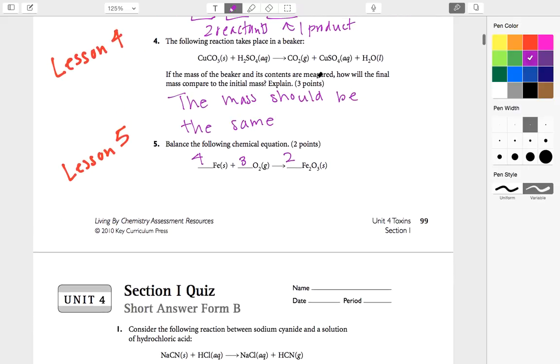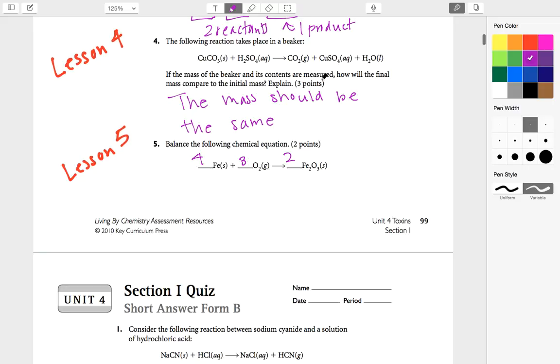Question number 4, the following reaction takes place in a beaker, and so on. If the mass of the beaker and its contents are measured, how will the final mass compare to the initial mass? I was surprised by how many of you got this wrong.